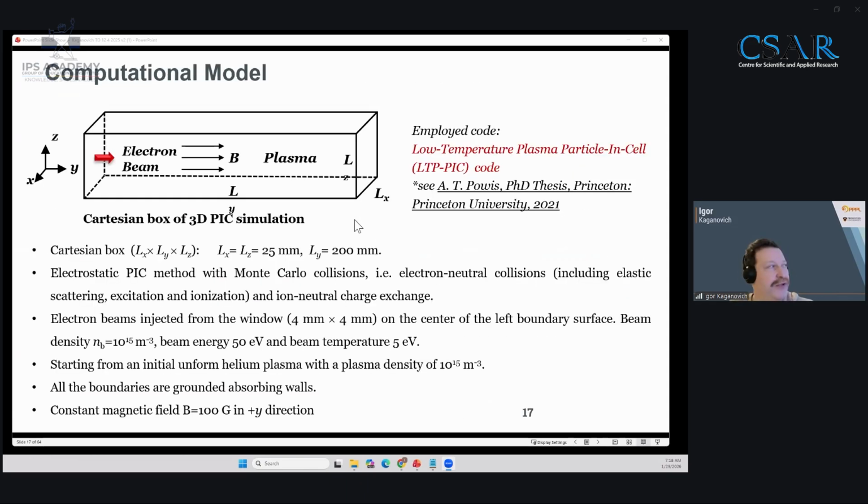So we also revisited this configuration. Having our 3D code, we can simulate a relatively large box, which is shown here. This is 20 centimeters by 2.5, and we inject an electron beam in the magnetic field and basically see what happens.